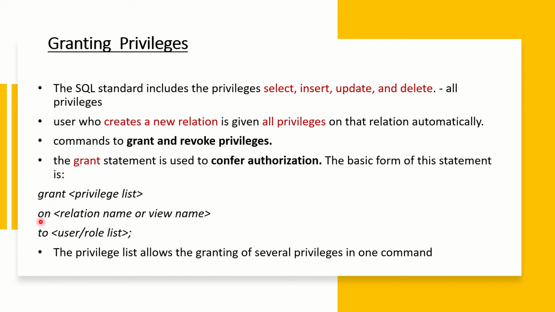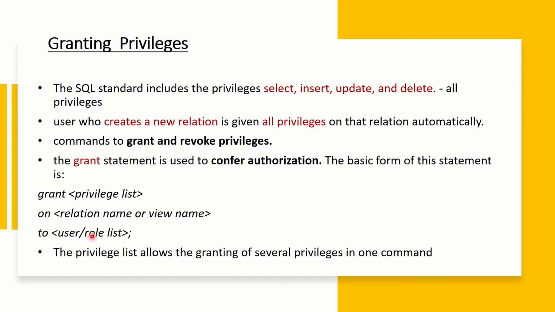After that, we write the on keyword. Then we specify the relation name or a view name, that is, the name of the table or the name of the view. Then we use the to keyword, and specify the user or a role.